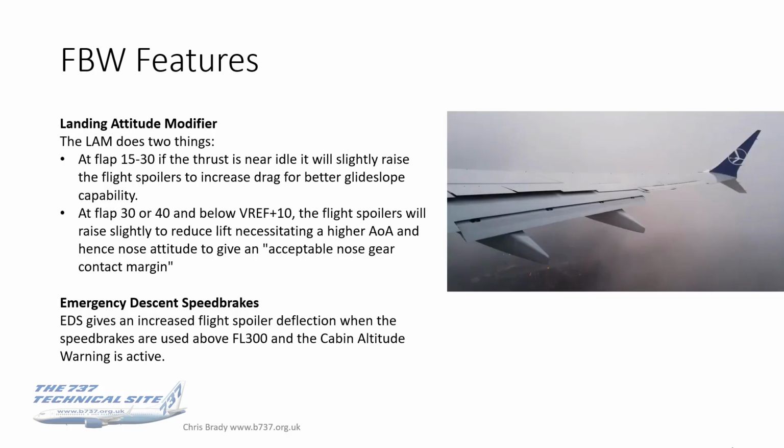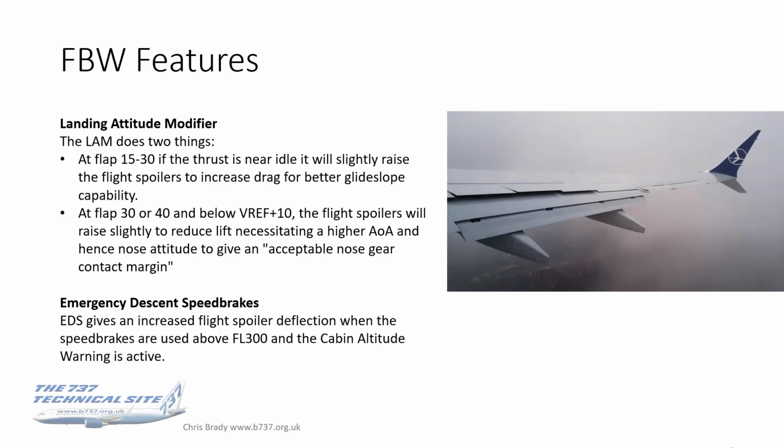Landing attitude modifier. So this does 2 things, or is operative at 2 regimes. First of all, flaps 15 to 30. If the thrust is back near idle, it slightly raises the flight spoilers to increase drag, and that gives you a better glide slope capability.